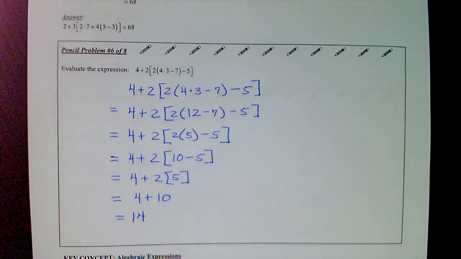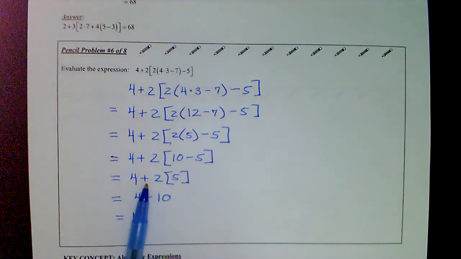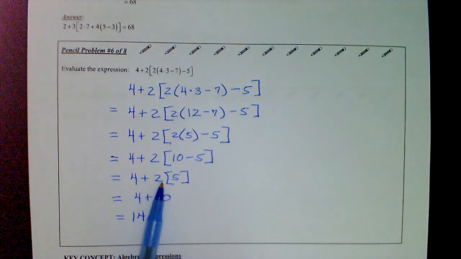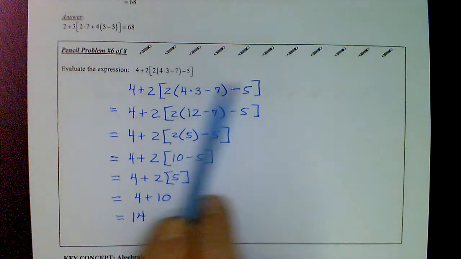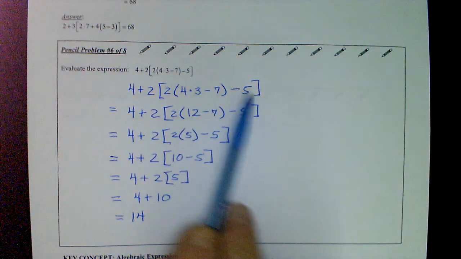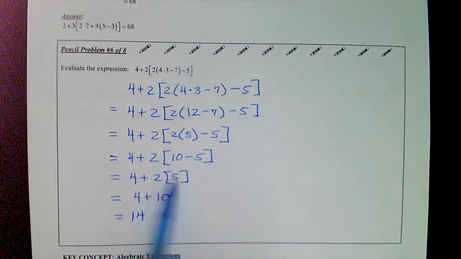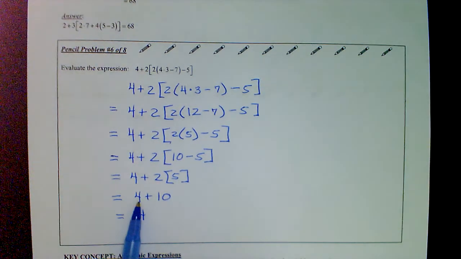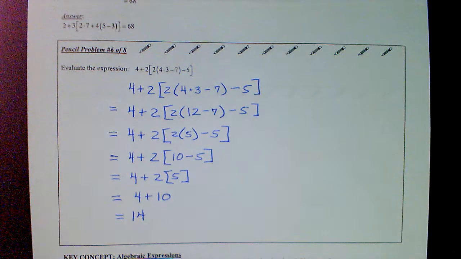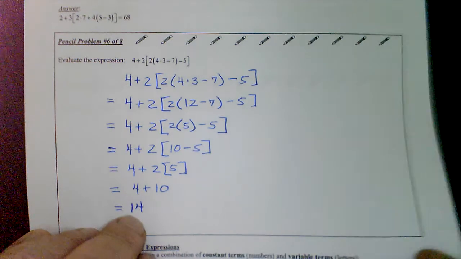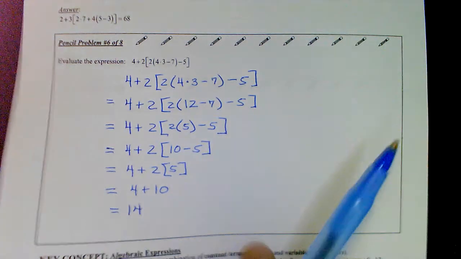Again, the common mistake is to add the 4 and the 2 prematurely. You never do that. The last thing's the addition, and that 2 is being multiplied by whatever is in here. And whatever is in here turned out to be a 5. And so we did that multiplication, and then the final step was the addition. So be careful of that one. That's a classic type of problem.